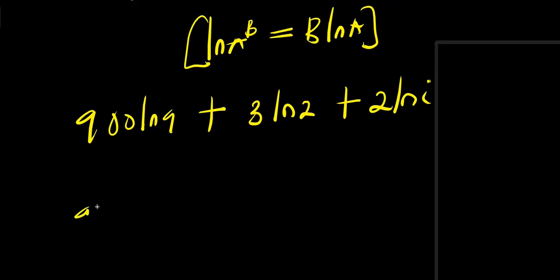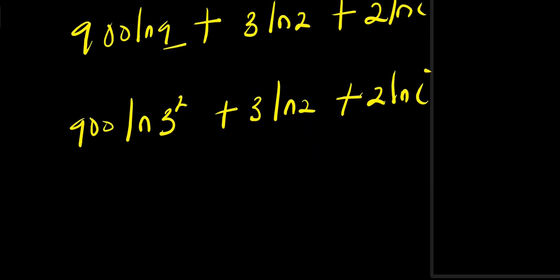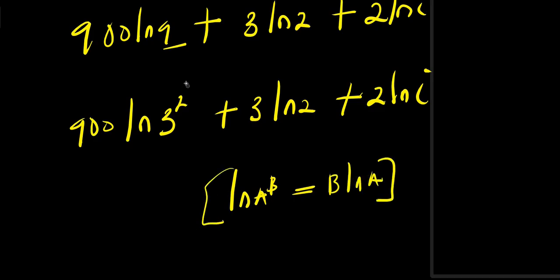I can also write 900 times natural log of 3^2 plus 3 times natural log of 2 plus 2 times natural log of i. Remember, natural log of A^B equals B times natural log of A, so 2 comes in front.